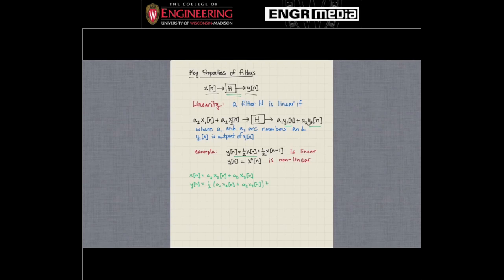Now we have to add on this second term here, plus 1/2, and we're inputting this signal x of n, which is defined right above, and that gives us, again, a1 times x1 of n minus 1 plus a2 x2 of n minus 1.